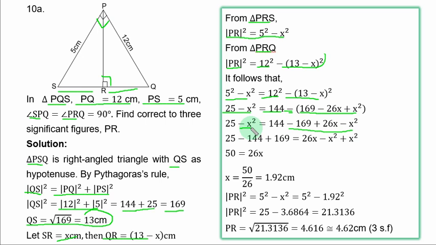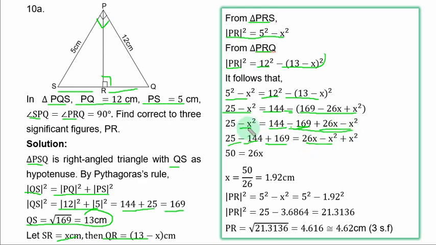So let's move all the constant terms to the left hand side and all the x to the right hand side. If you do that, you have 25. If you move plus this, it becomes minus 144. You move minus this, minus 169, becomes plus 169. Already 26x minus x squared is here already.